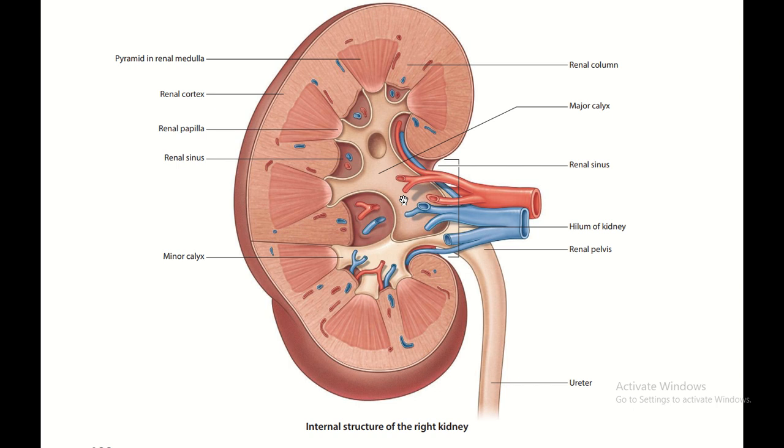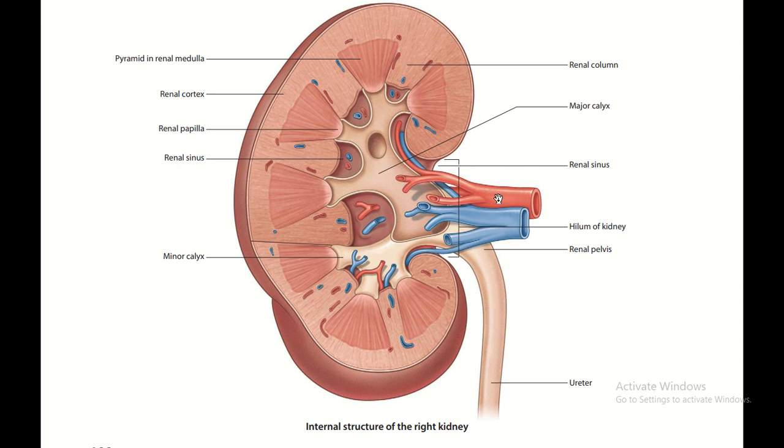But for interest's sake, from anterior to deep, you are going to have the renal vein. Behind the renal vein, you're going to have your renal artery, two branches of them. You can see these renal arteries, two of them, right? And then you're going to meet the renal pelvis, which will later continue as your ureter.